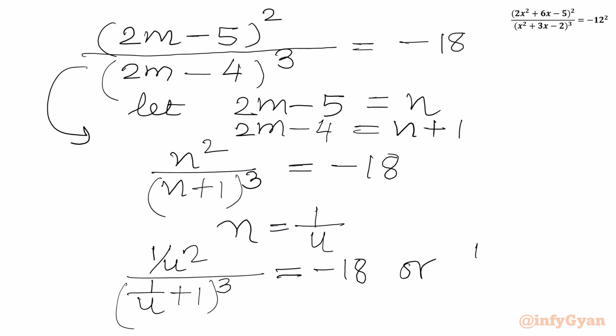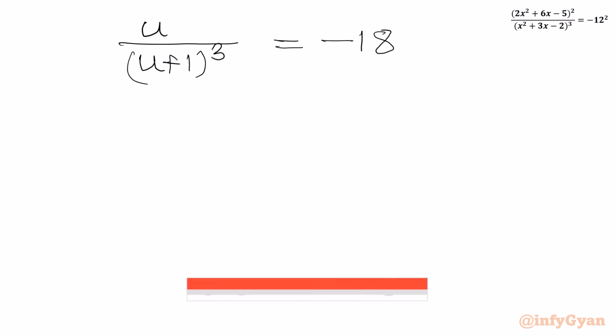So can we write u directly over u plus 1 whole cube equal to minus 18. Let us solve. Here u over u plus 1 whole cube equal to negative 18.